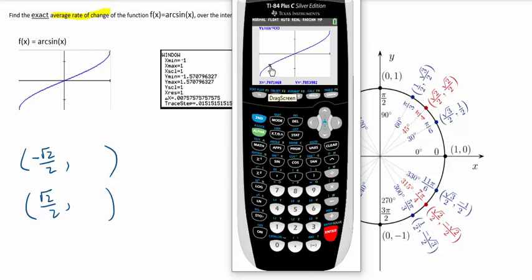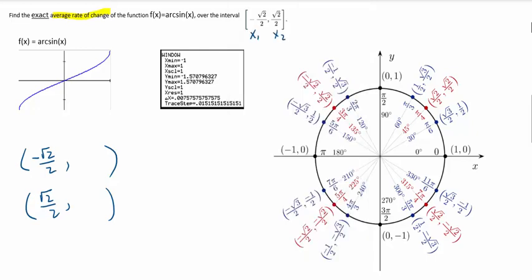This gives me a rough idea of where that point would be. So this information could not be used to find the exact answer, but it gives me an idea where to plot things. If this is negative 1 and my point has an x value that's about negative 0.7 and a y value of about negative 0.8, that point is somewhere right here.